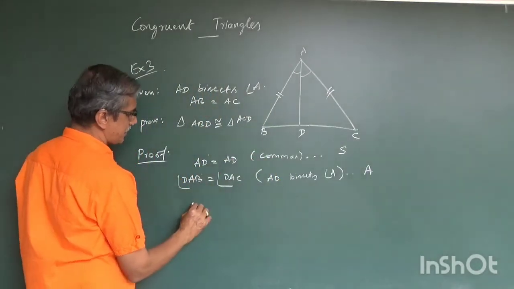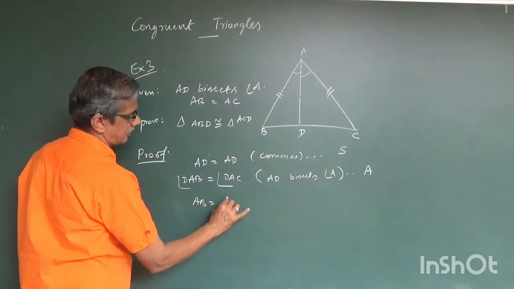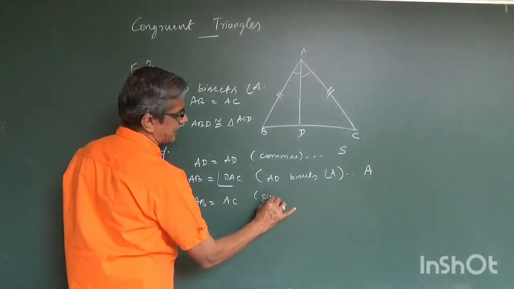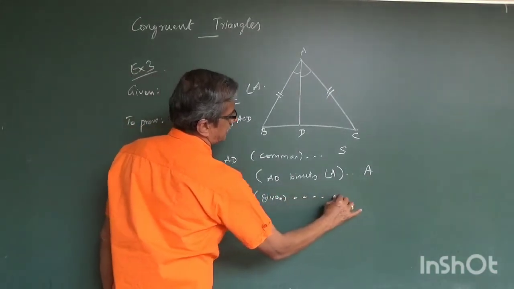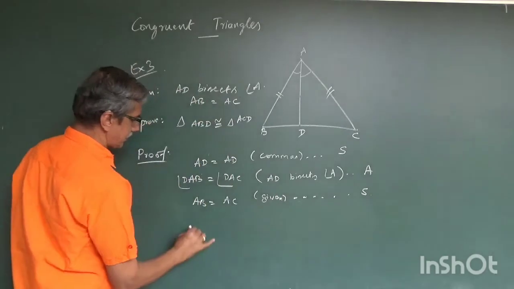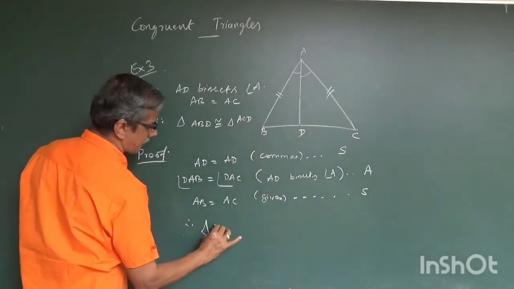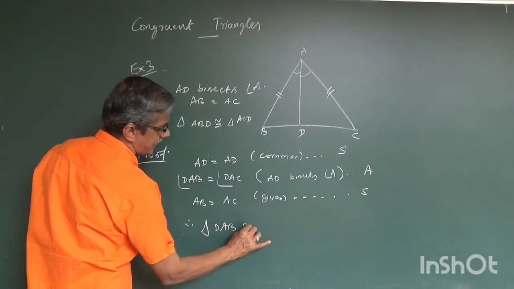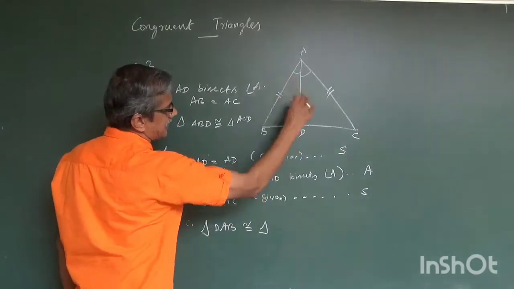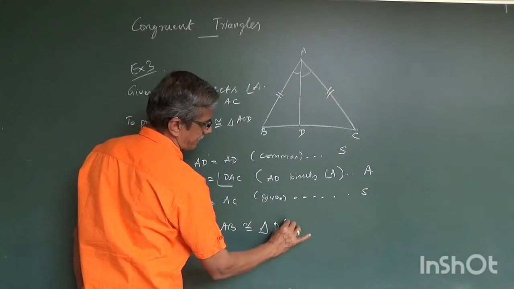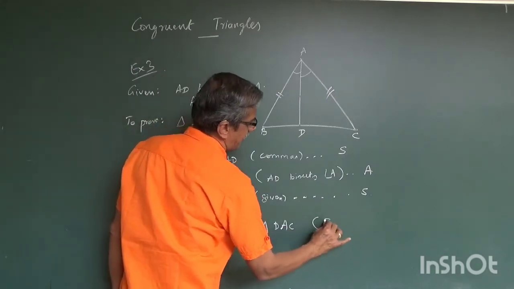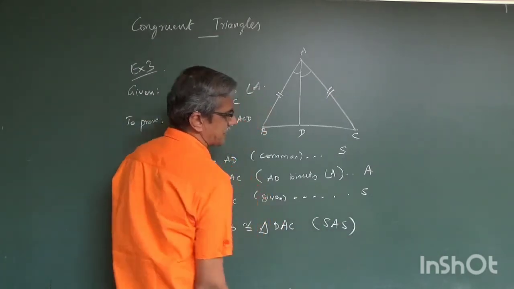Then AB is equal to AC, given. So this is the S part. Therefore, triangle DAB is congruent to triangle DAC by SAS congruency check.